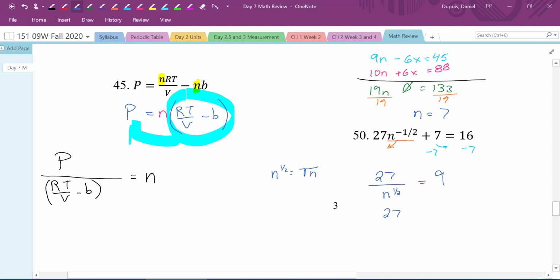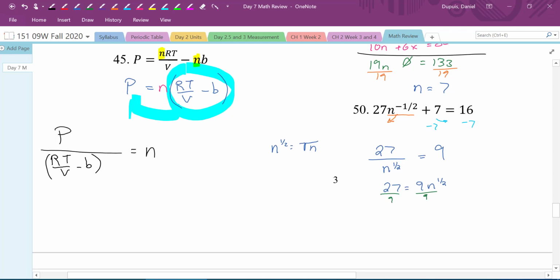So 27 equals 9 times n to the 1/2. And then divide both sides by 9. So 27 divided by 9 would be what? 3. 3 equals n to the 1/2.